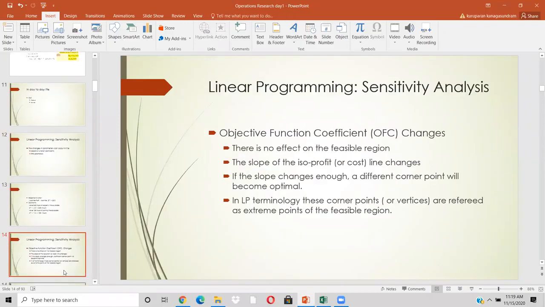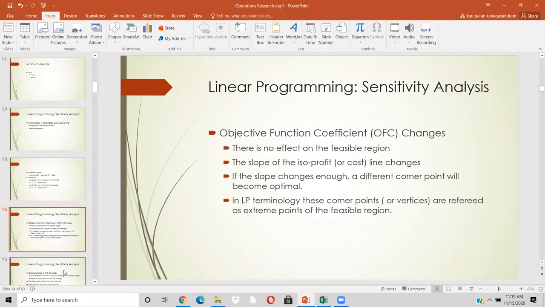While we are changing the objective function, the feasible region won't be affected, because the feasible region is determined by which: the objective function or the constraints?